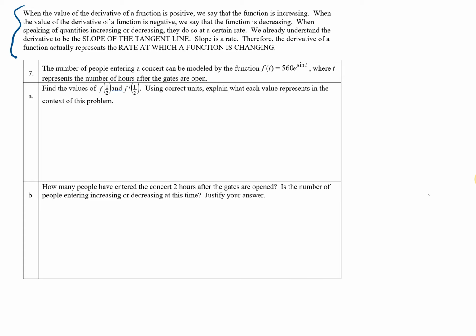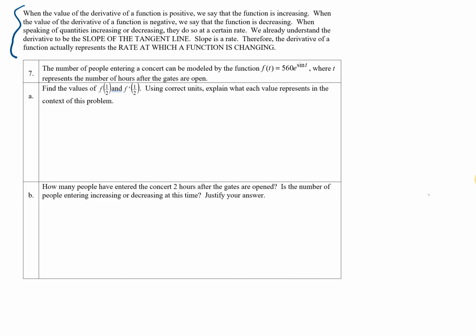Let's say we could model the people going in the doors by the function f of t equals 560 e to the sine t, where t represents the number of hours after the gates have opened. So what is f of 1/2? And then what is f prime of 1/2? It says use correct units and explain what each value represents in the context of the problem.